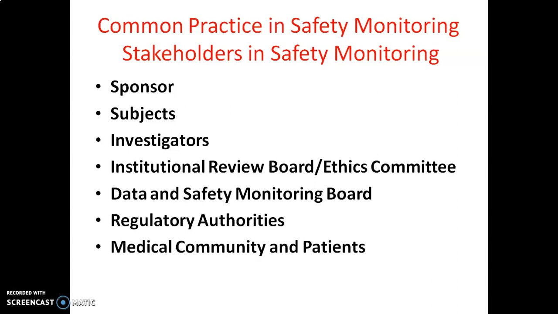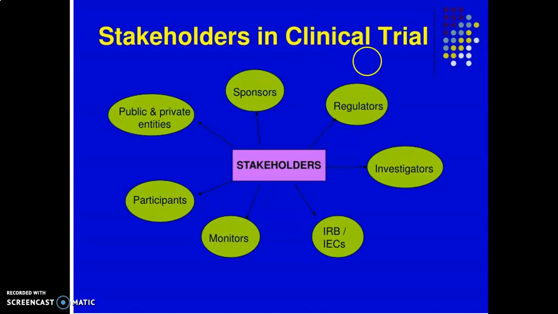So these are all the stakeholders you can observe, so that overall we should think about safety monitoring by observing this. We can see a flow diagram of stakeholders in the clinical trials: sponsor, regulators, investigators, IRBs, IECs, monitors, participants, and public and private entities.